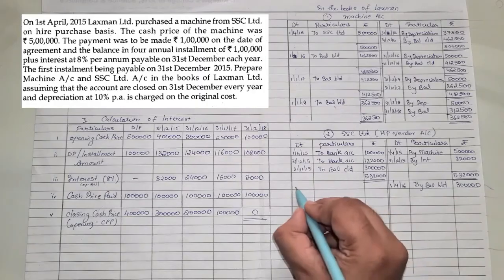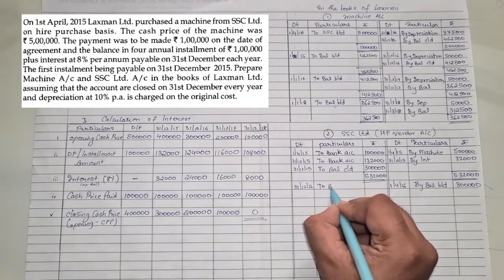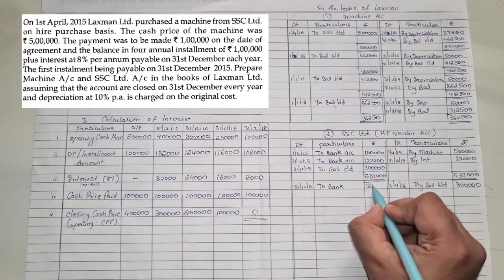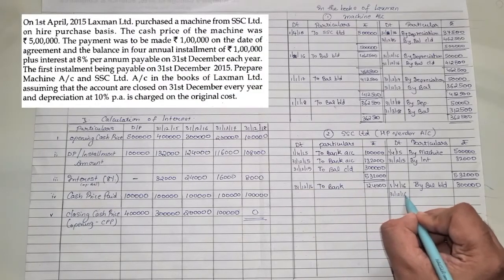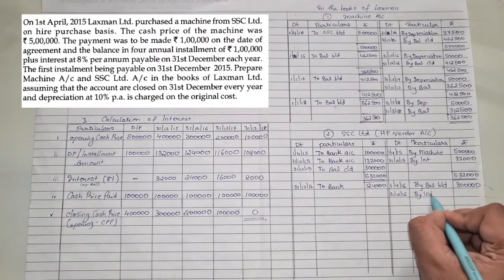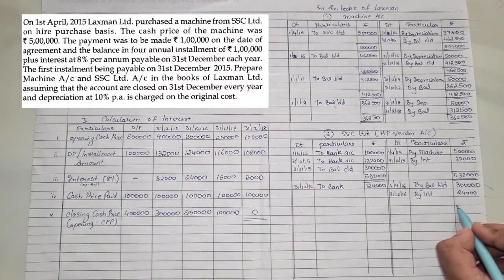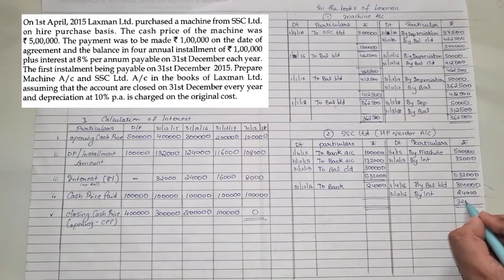Now very simple, on 31st December 2016 we made the second installment to bank account. We made an amount of 1,24,000, and on 31st December 16 we also paid interest of 24,000. That's it. We tally this account. So this is 3,24,000.